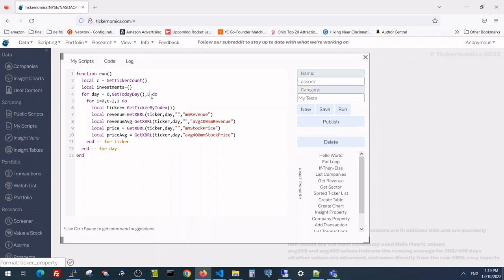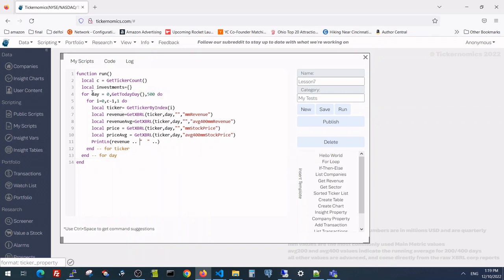Let me just increase days even more, because I actually want to print it out, just to see if everything is good. You need to understand big numbers, so remember that 10 years has a lot of days. It's like thousands of days, and number of tickers is like 10,000.